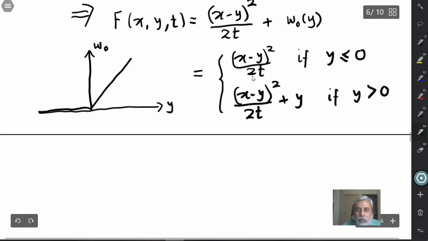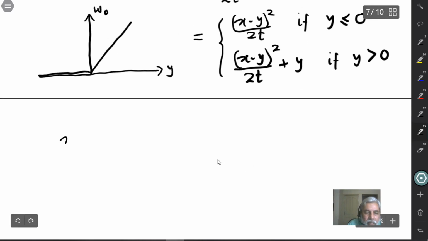So this minimizer y equals, it very much depends on the position of x.